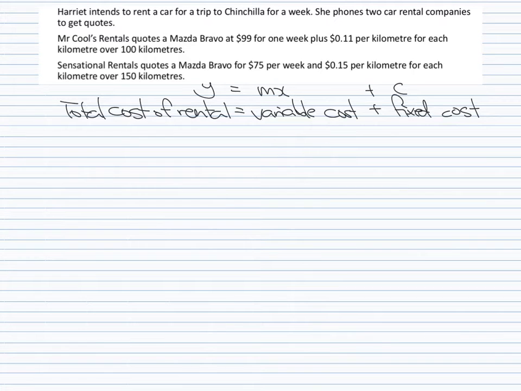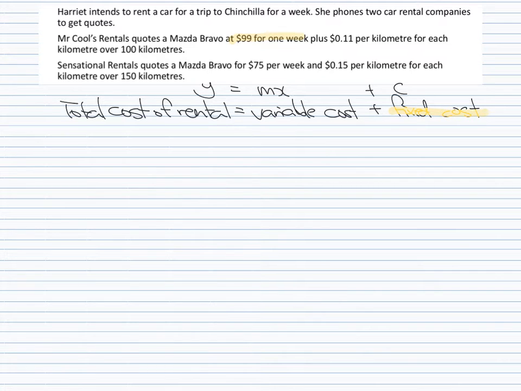Okay, so what I have in this example is that the total cost of renting this car is going to be some variable cost plus a fixed cost that I'm going to charge you. According to this example, no matter how much you drive, I am going to charge you $99 for 1 week, and that is identified as my fixed cost.